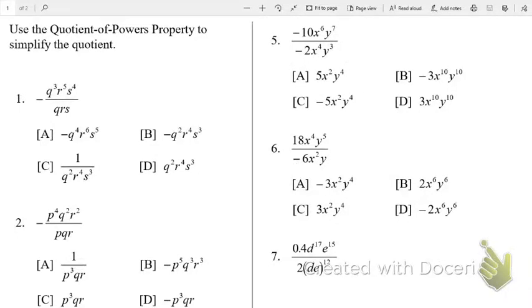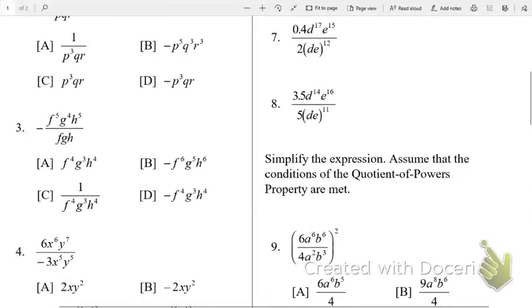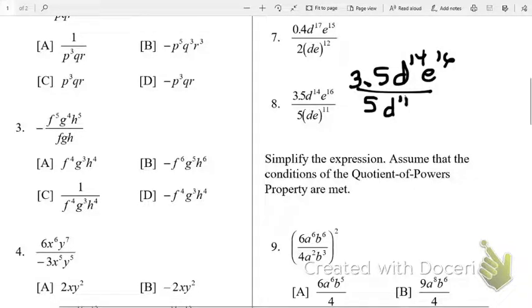All right, number 8. And there it is. Number 8's the same exact way. If I were you, I would first do this. I'd keep 3.5 where it is, d power 14 where it is, and e power 16. Even keep the 5 right where it is. Now, the other one, what I would change is the DE in parentheses, each with a power of 11. I would do one little step in between.